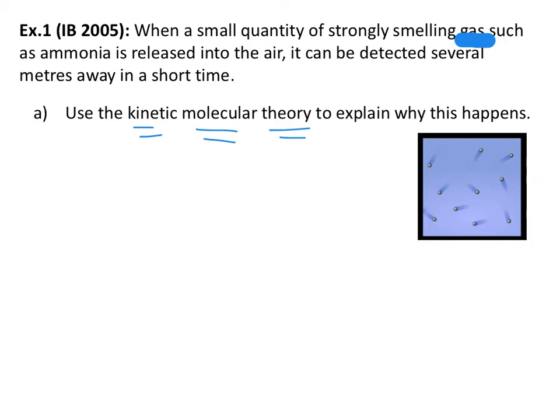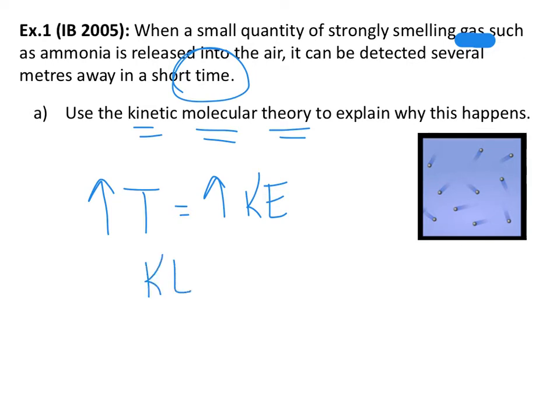So using the explanation of molecules, we can talk about how the speed of the particle will affect the time. So if we know gases are typically at a higher temperature, then we know that they would have a higher kinetic energy. That comes from the second postulate of KMT. We also talked a little bit about the formula for kinetic energy, which is 1/2 mv squared.